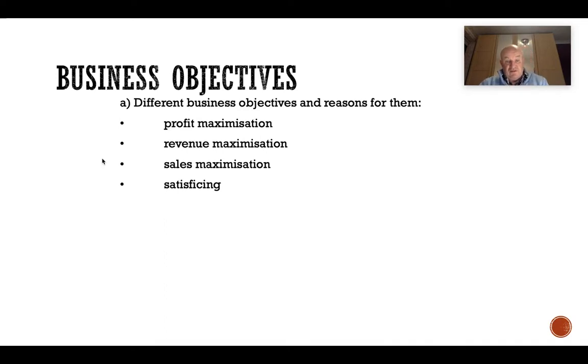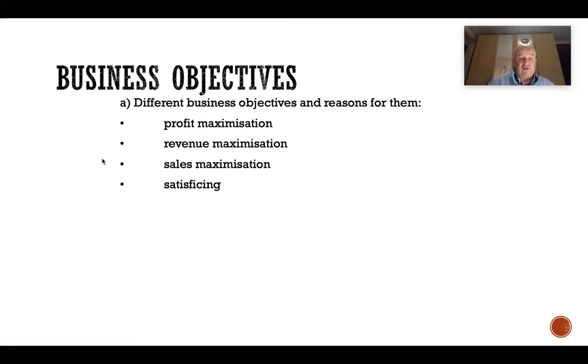There's also a satisficing objective. These are the key four that you will need to understand and be able to demonstrate. Satisficing is essentially where businesses don't choose to profit maximise, or to maximise on anything. They sit somewhere in the middle where they're quite comfortable, not doing exactly as well as they could.